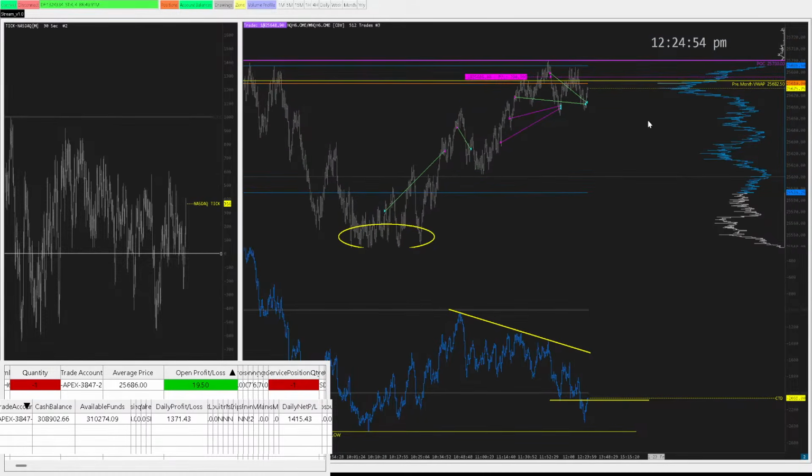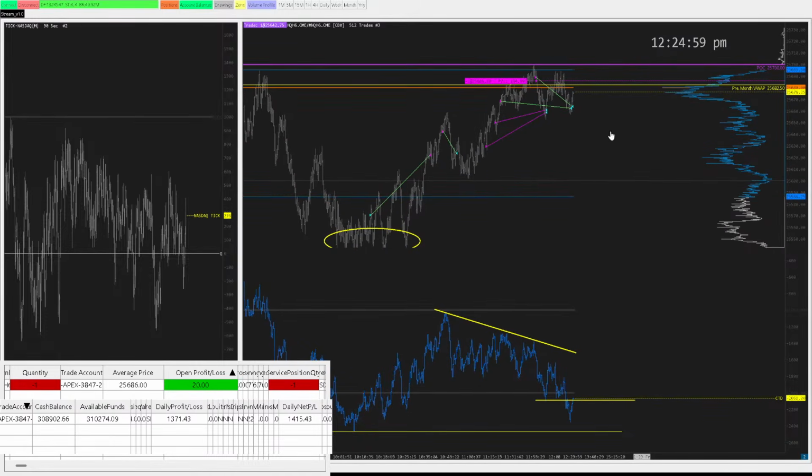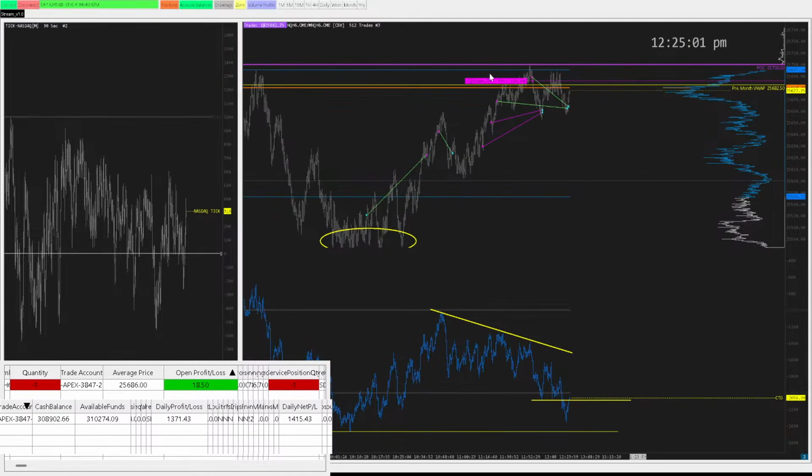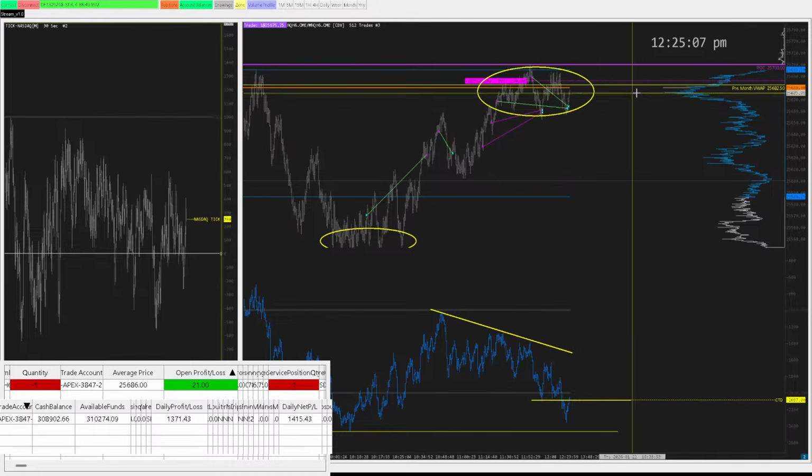Because again, think about energy. I'm going to go on a little riff right here. From an energy standpoint, it's building up a bunch of energy here, a bunch of volume. It's going to release that energy, and it's either going to go up and out, or it's going to go down.